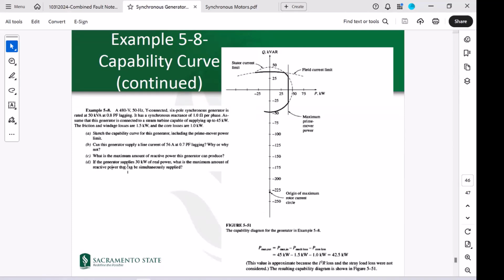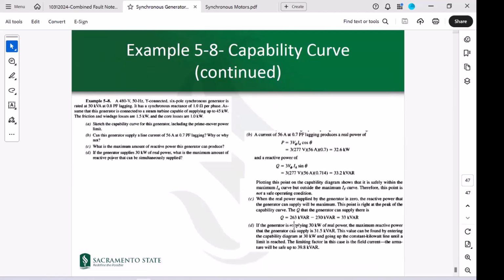In part D, if the generator supplies 30 kilowatt of real power, what is the maximum amount of reactive power? So you have to go to 30 kilowatt and go up. And wherever you are intersecting with each of these two, that would be the answer. If the generator is supplying 30 kilowatt, the maximum reactive power is 31.5.